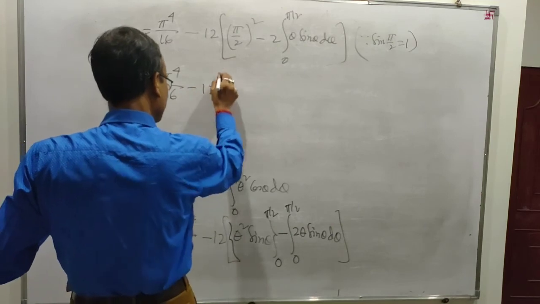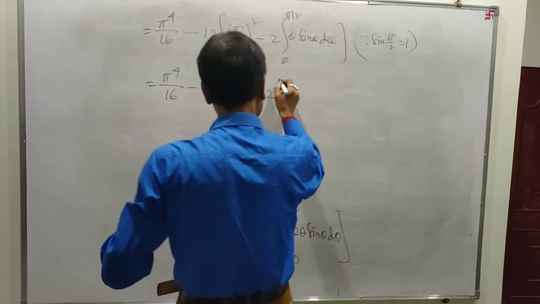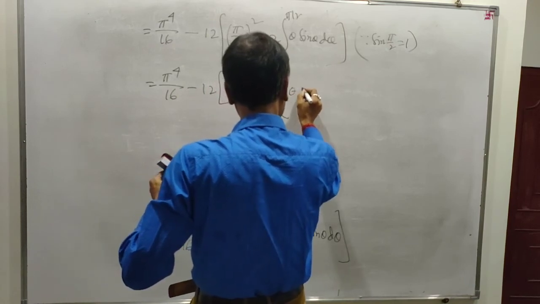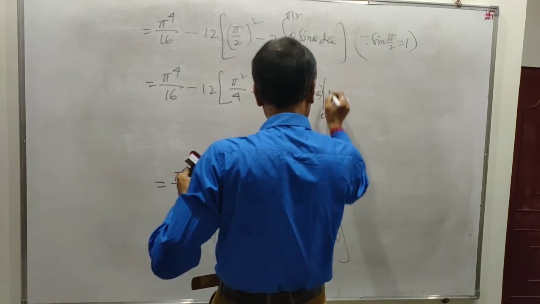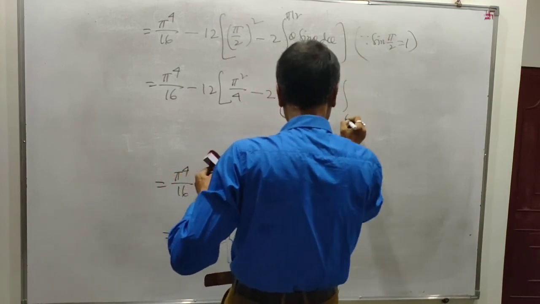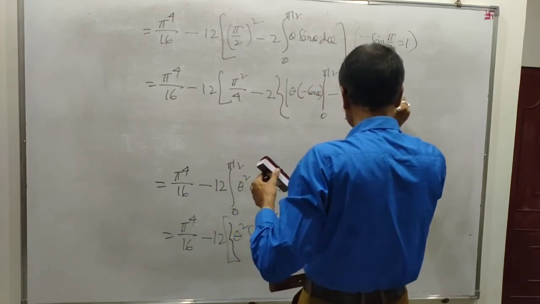Minus 12, it will be pi square divided by 4 minus 2 times theta into minus cos theta from 0 to pi by 2, minus integration 0 to pi by 2 of 1 into minus cos theta d theta.